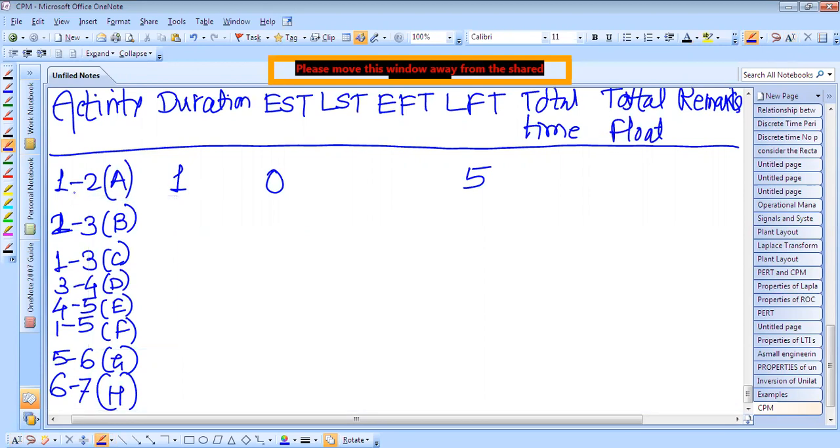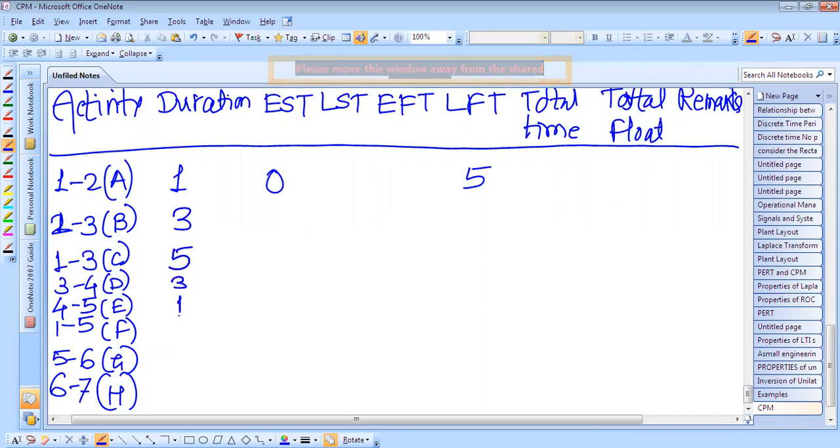So we have given the time duration for this activity 1, this is 3, this is 5, this is again 3, 1, again 12 days, 3 days and 1 day. Similarly, we have already calculated the earliest start time and latest finish time, and it is mentioned there.